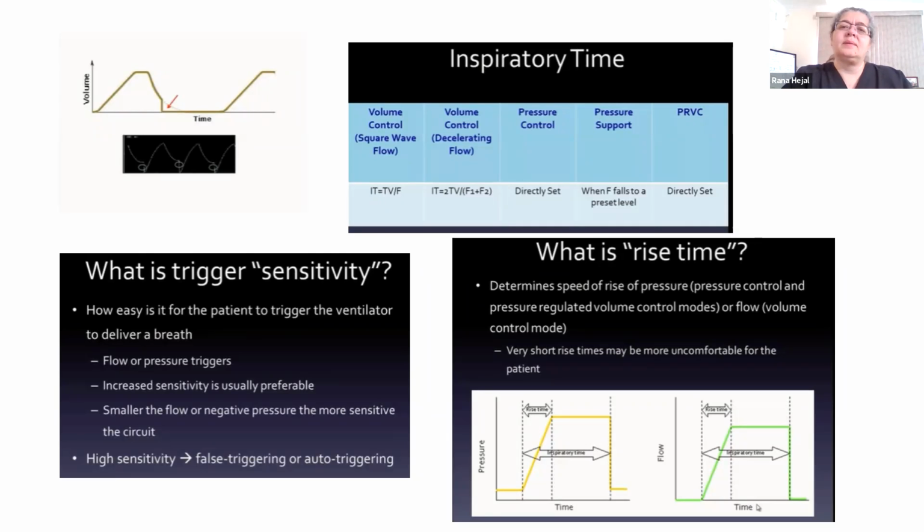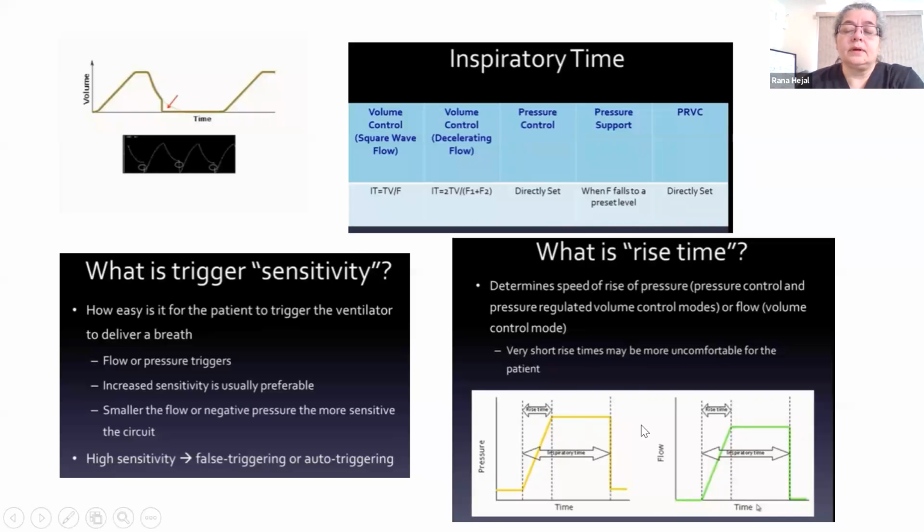During that period, the calculation becomes a little bit harder to decide what the inspiratory time is going to be. As for PRVC, the pressure regulated volume control, or the autoflow that we have, we just simply directly set the time.